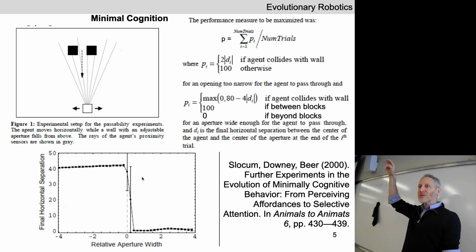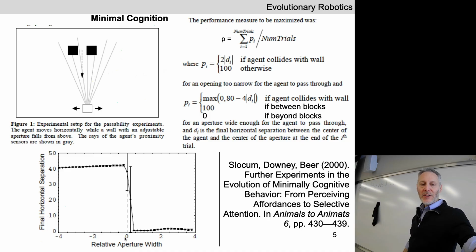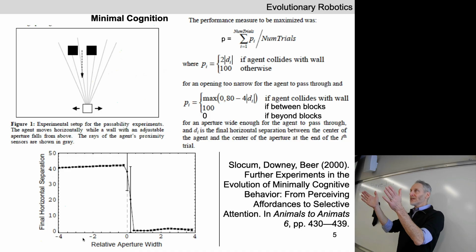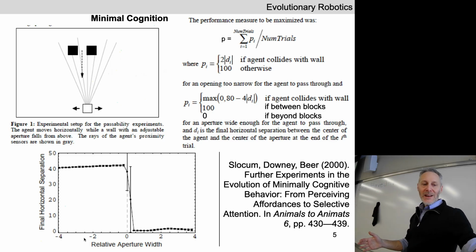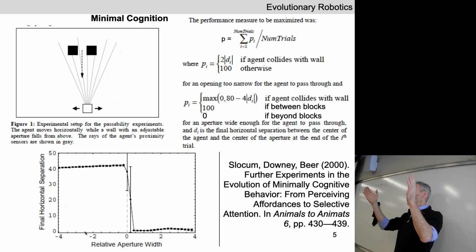and one after the other, we drop a series of object pairs, some of which have an aperture width that is relative to the agent's diameter. Negative relative aperture width means the width is narrower than the width of the robot's body.